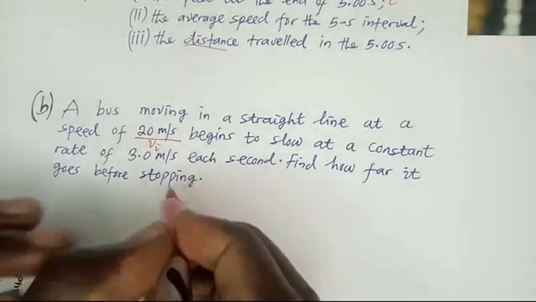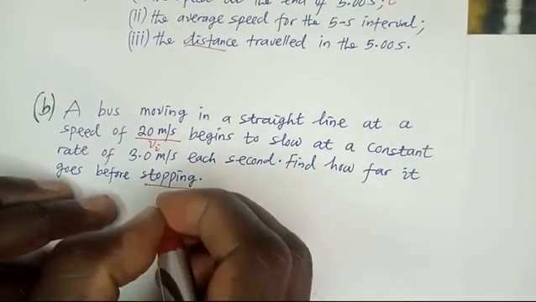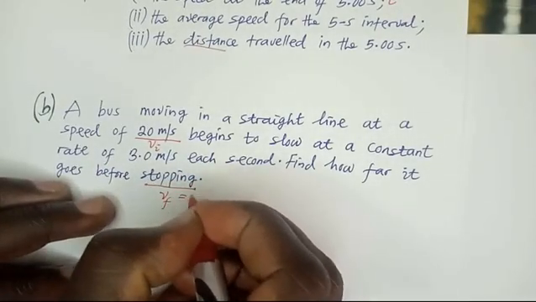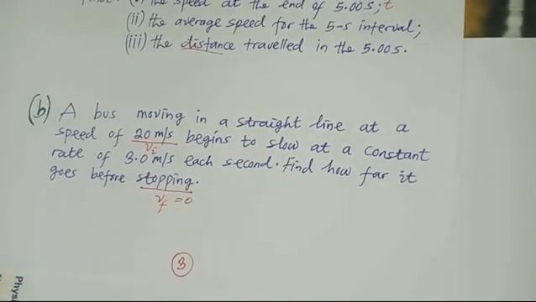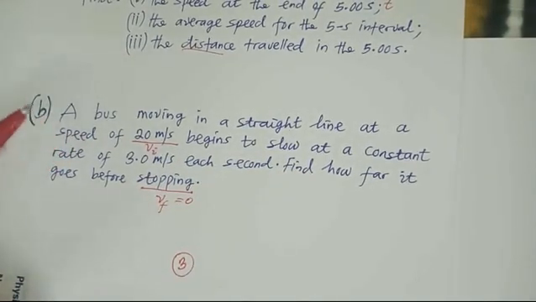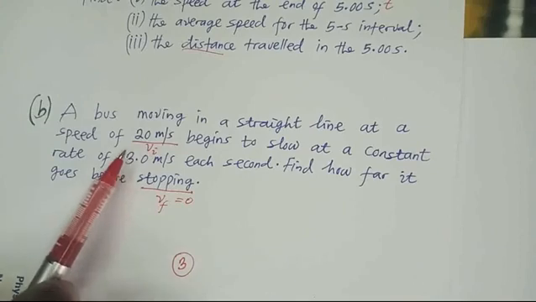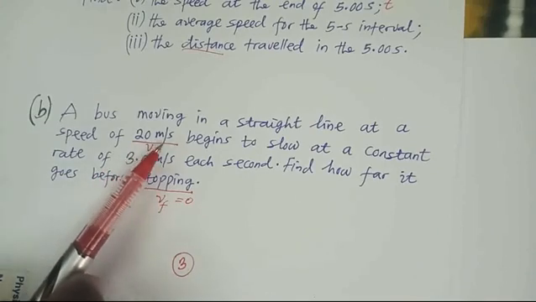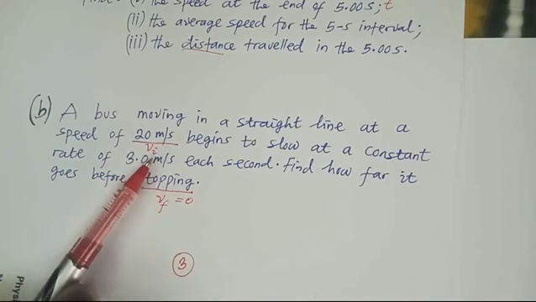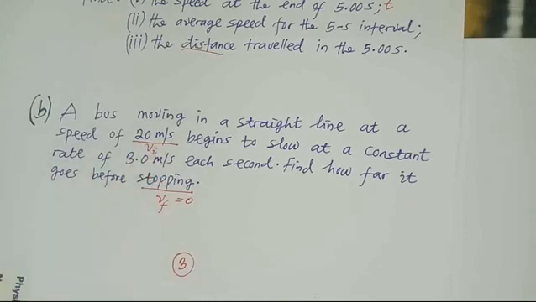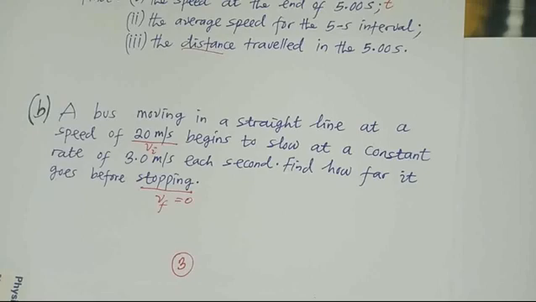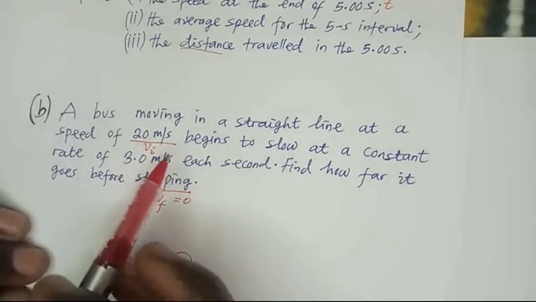So when it stops, remember the final velocity is 0. Now one may rationally ask, what about this 3.0 meters per second? Why should it not be our final velocity? I said this one is the magnitude of acceleration, because they did not stop at just 3.0 meters per second.